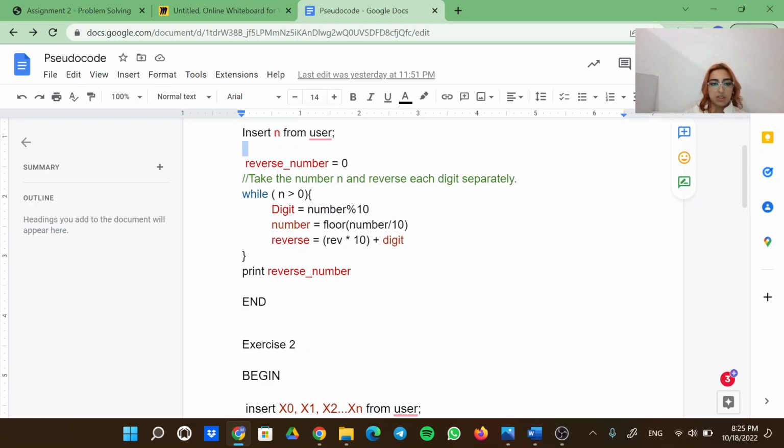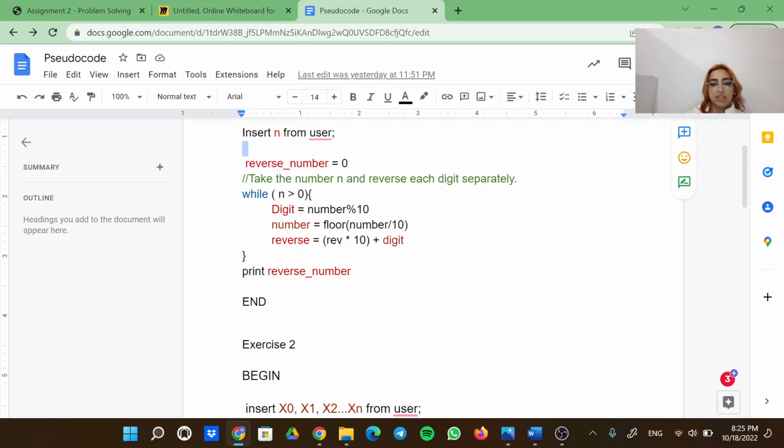While n is bigger than 0, digit is n modulo 10, it divides the number by 10 and takes the remainder, which means the last digit. Then n is the floor of n divided by 10, so it takes the other digits, removing the last one.